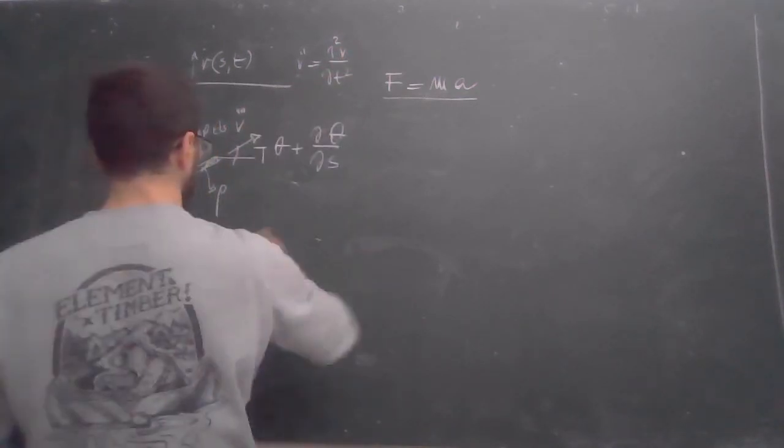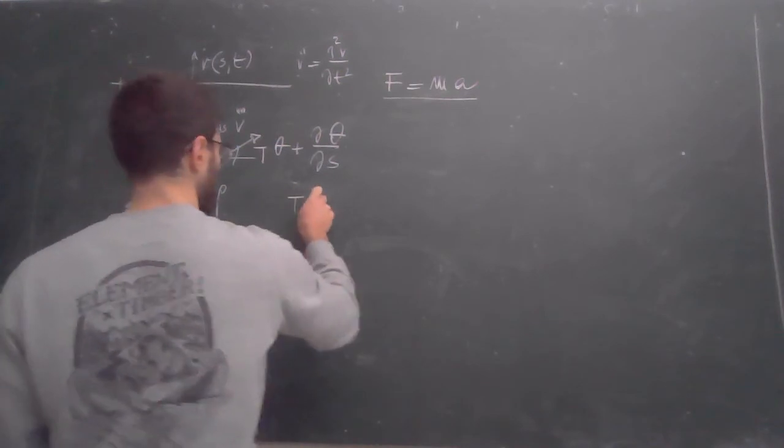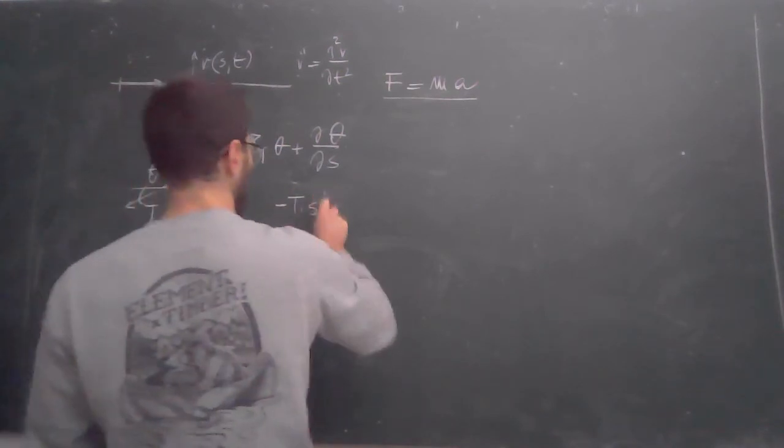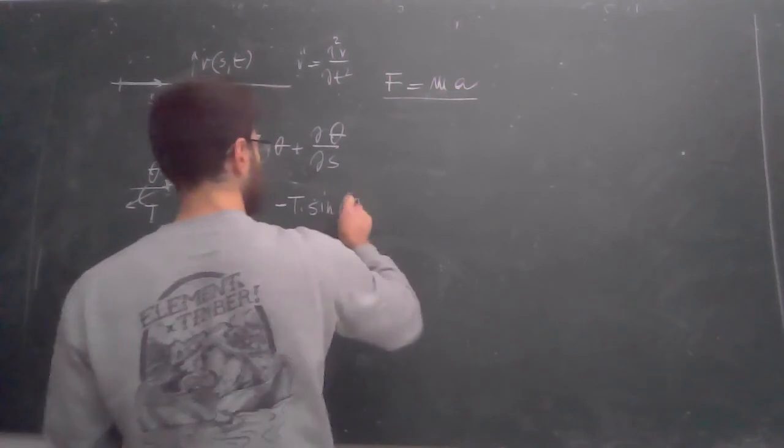So writing the equilibrium equation, we have minus T times sine of theta.